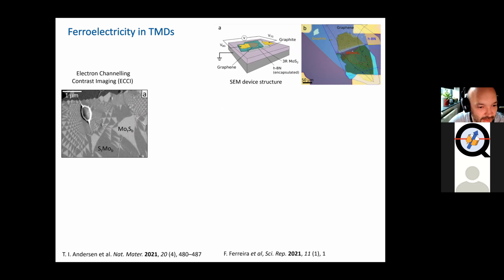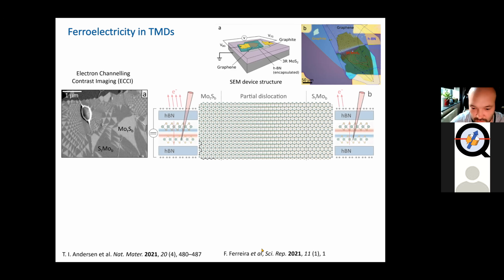So you can basically highlight the domains using this technique. This has been employed, there is a reference here if you want to look further, for secondary electron imaging. Although here we prefer to use backscattered electrons for a better contrast and better resolution.